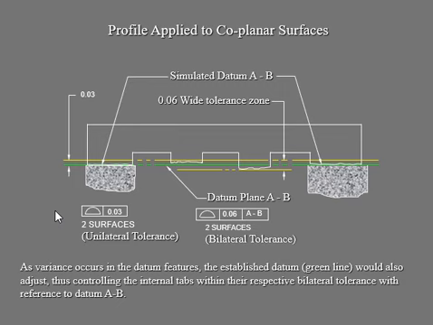Your variance is going to happen at your datum features. Your datum is A-B, the green line right there. And then it has to adjust to your bilateral and the unilateral, because it's controlling the internal taps within that respective bilateral tolerance with reference to the datum A-B.